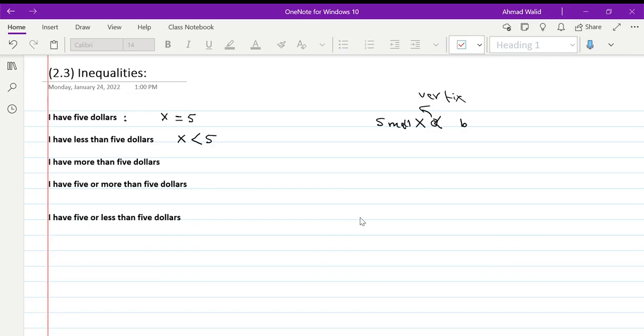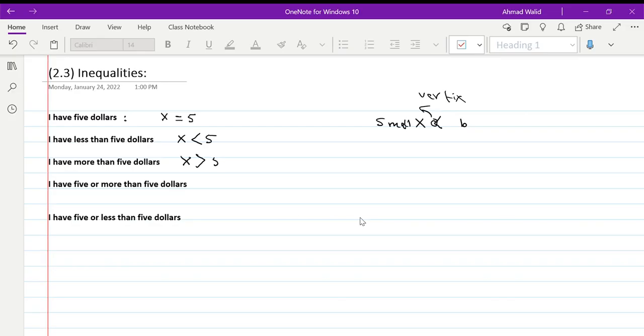I have less than $5. It means I have maybe $4.5, $4, $3, $1, but anyway, definitely my money is less than 5. I have more than $5. Again, if I name my money X, more than $5, I will write this way.